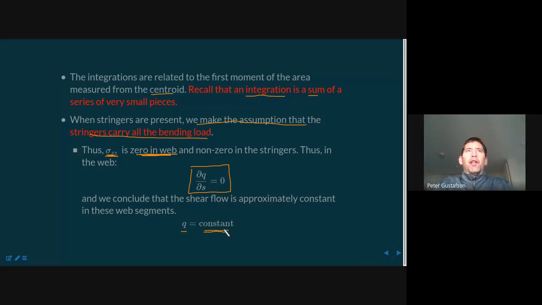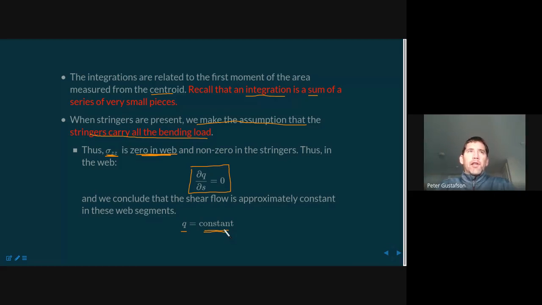Now, the other as yet unasked question is, what is the consequence of making that assumption? This is related to your question, David. If it's not infinitesimally thin, and it has some finite thickness, what's the consequence?